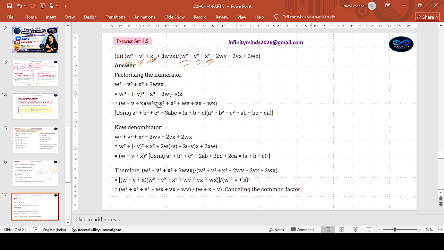The last that we just studied before beginning the exercise. That very last identity we will have, this one: a square plus b square plus c square minus ab minus bc minus ca. This particular identity you are going to apply. First of all is your identification of the identity, and then the adjustment of your plus and minus.